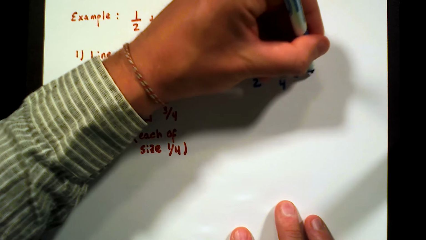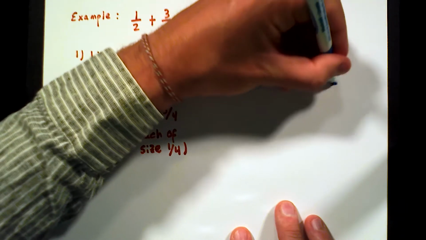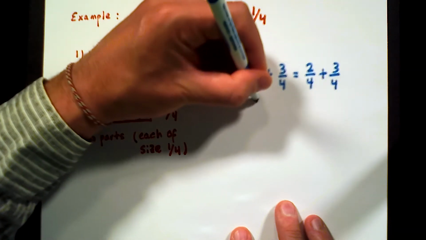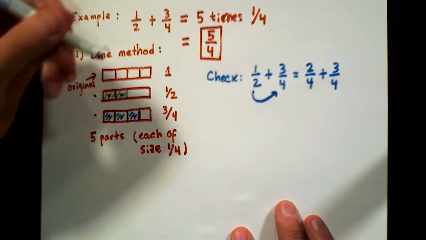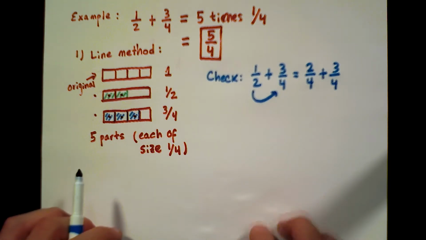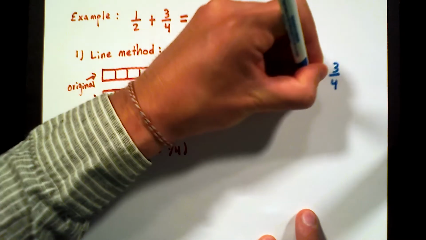So that's going to be 2/4 plus 3/4. And notice how I picked an example in such a way that one of the denominators is a divisor of the other one. I don't want to start with a complicated example. I'd rather start with just some little tiny complexity and then bring it up. And so this is 5/4.